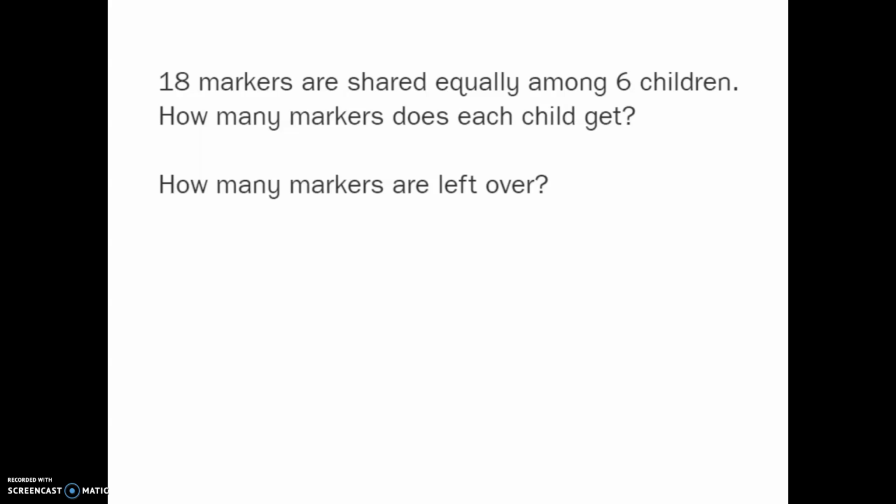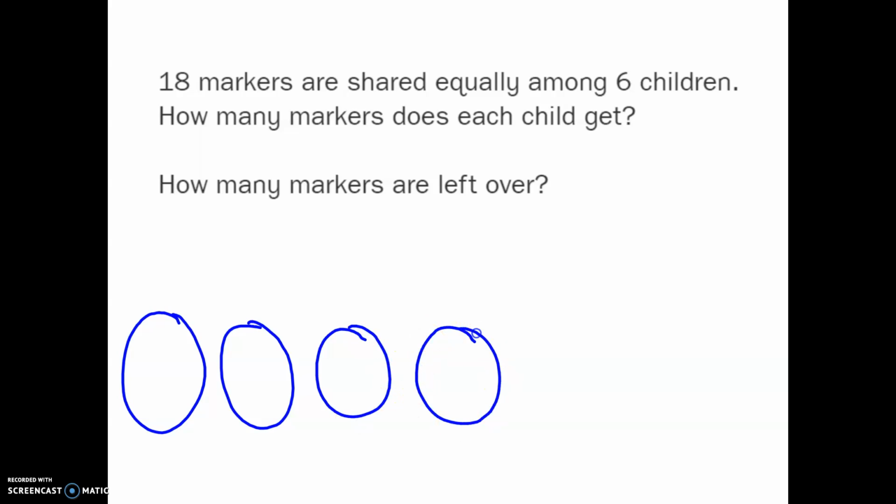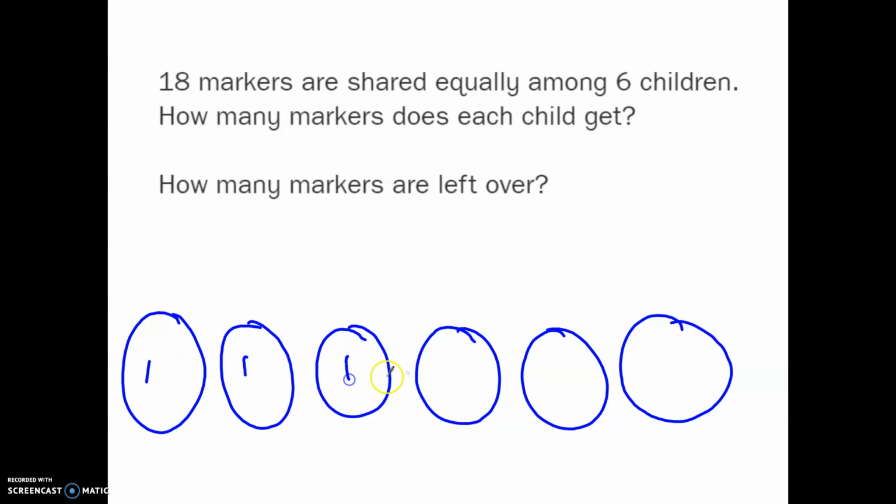18 markers are shared equally among 6 children. So 1, 2, 3, 4, 5, 6. How many markers are left over? Well, I'm going to give everybody a marker until I get to 18 or until I can't share anymore. 1, 2, 3, 4, 5, 6, 7, 8, 9, 10, 11, 12, 13, 14, 15, 16, 17, 18.